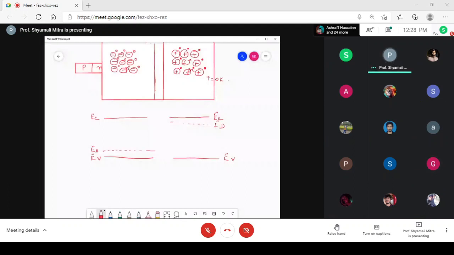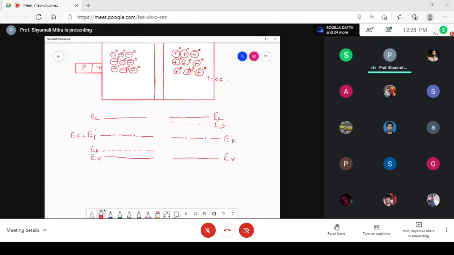So EF is just at the middle, EI equals EF. For both the p type as well as the n type, the Fermi level is just at the middle because all the electrons or the holes are attached with their associated atoms. They are not free yet. So the probability of finding them is exactly half. So basically nothing is going to happen.